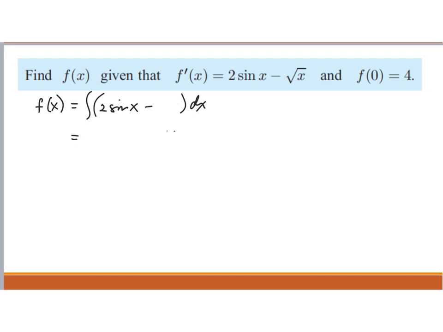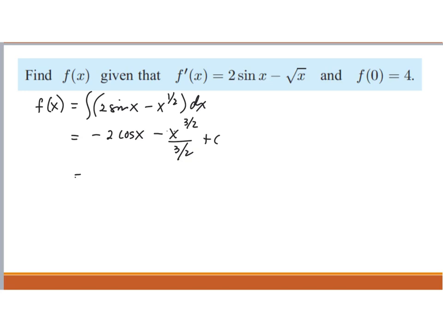You write this as x to the 1/2 right away. So the integral will be negative 2 cos x minus x to the 3 over 2 plus c.